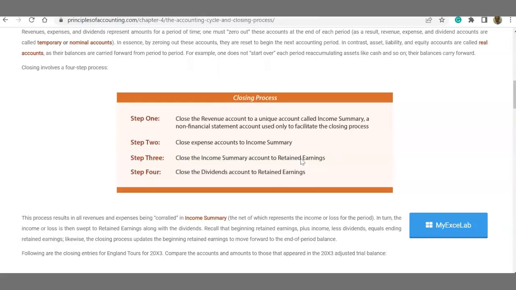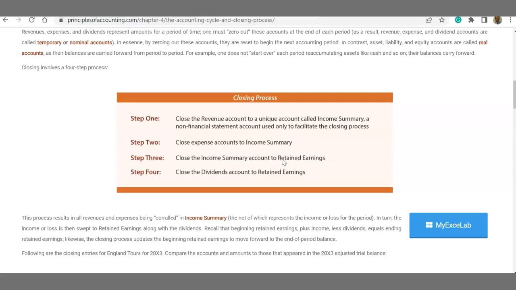In some books, they might show you another way, like closing the revenue into retained earnings and the expense into retained earnings, skipping the income summary. But I believe having an income summary is a traditional good way to do it, because you summarize your income there and then transfer the net number into retained earnings just once.